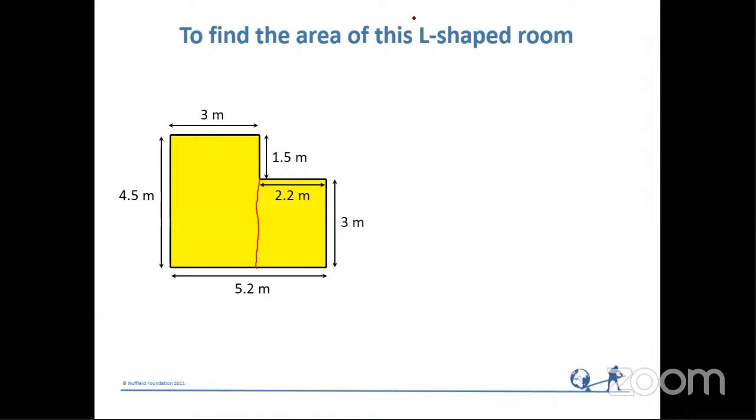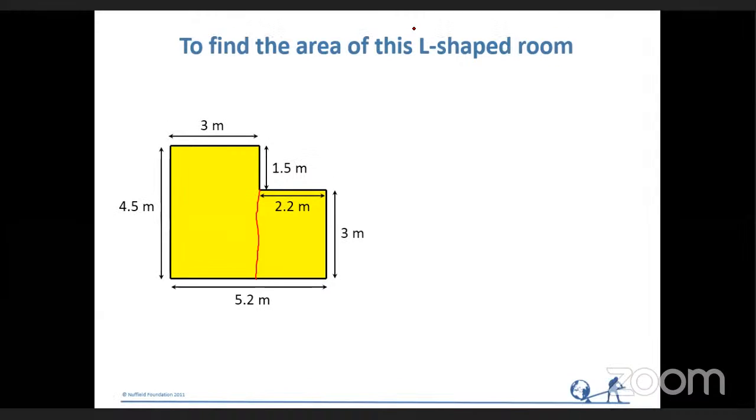We are not hearing very well. You are going to get the length and the width.